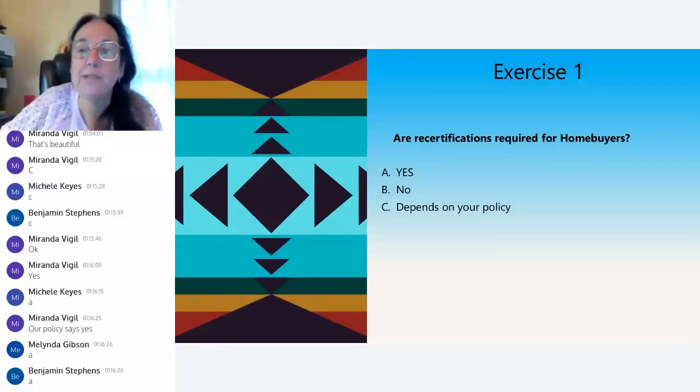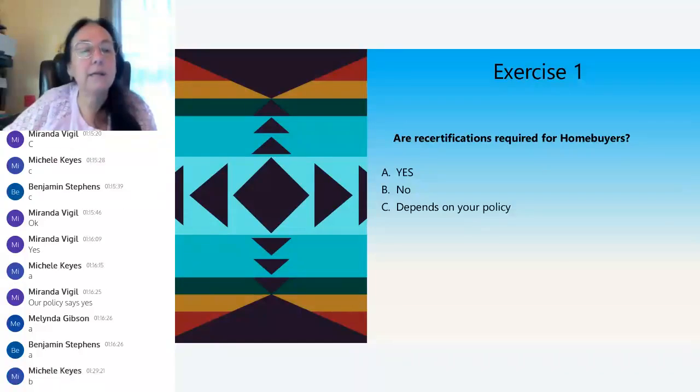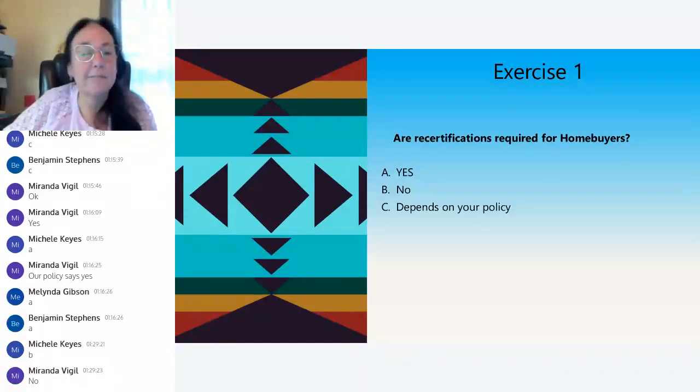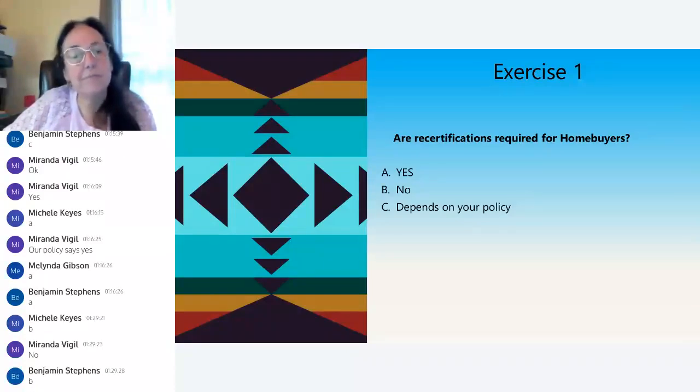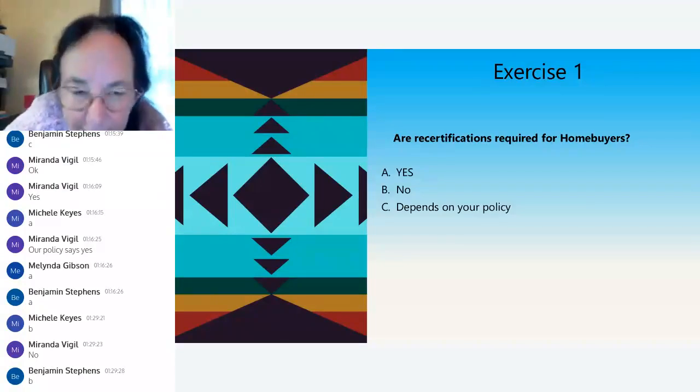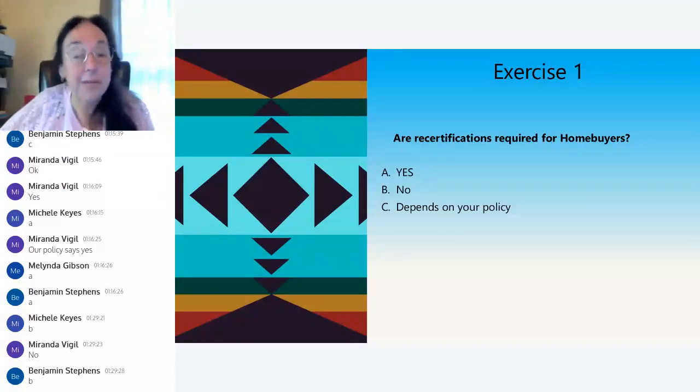Okay, so exercise. Are recertifications required for home buyers? Yes, no, depends on your policy. Anybody? Okay, we have a bunch of B's. So that depends. It depends on your policy. We recertified our home buyers to make sure they were still income eligible.